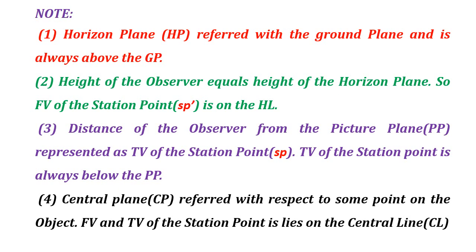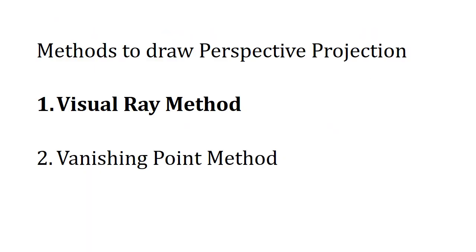The central plane is referred with respect to some point on the object. Always the central plane is referred with the object, some points on the object. Front view and top view of the station point lie on the central line. There are basically two methods to draw perspective projection: the visual ray method and the vanishing point method.